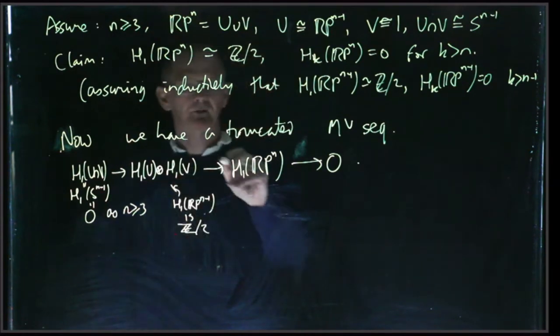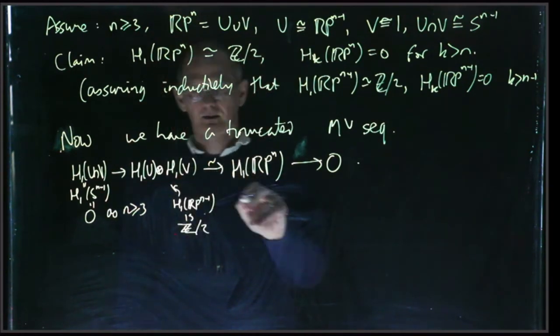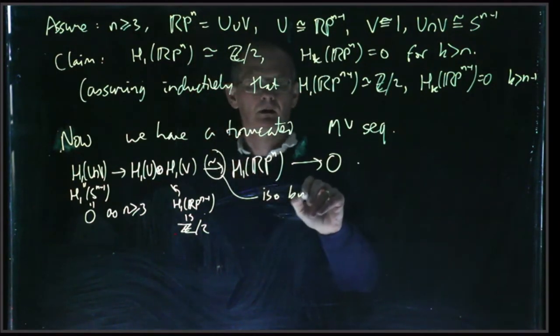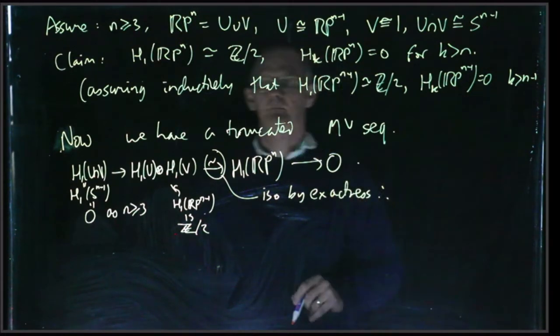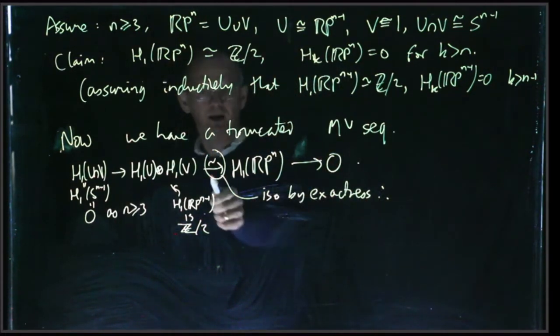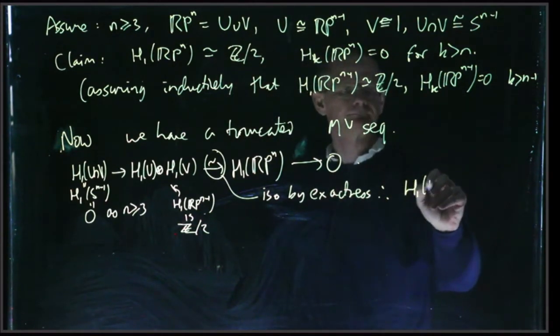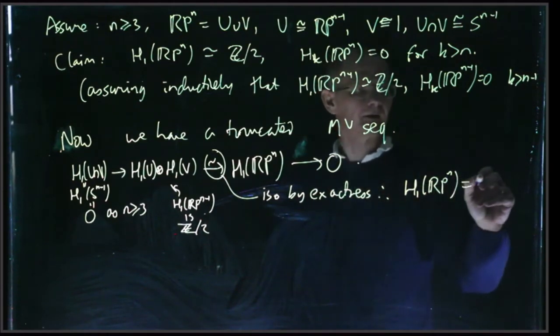Exactness implies that this is an isomorphism, because we've got a 0 here and a 0 there. That forces this to be an isomorphism. And so we see that H1 of RPn is Z mod 2.